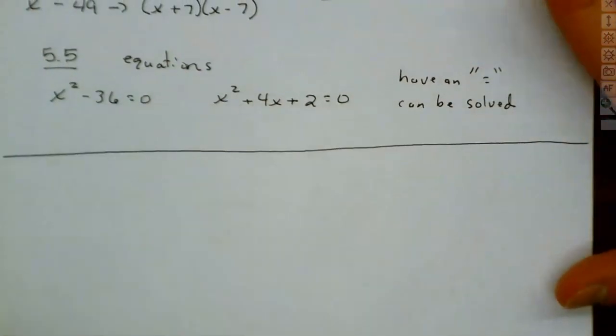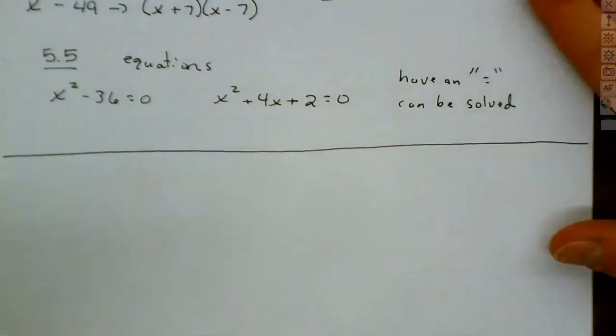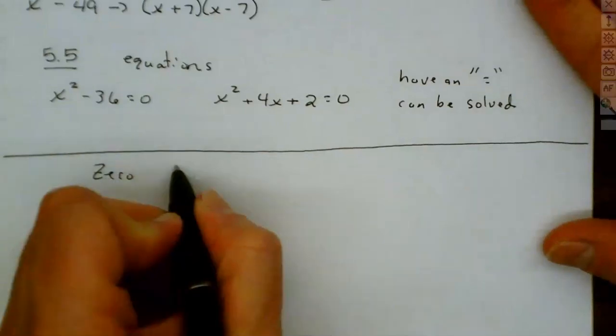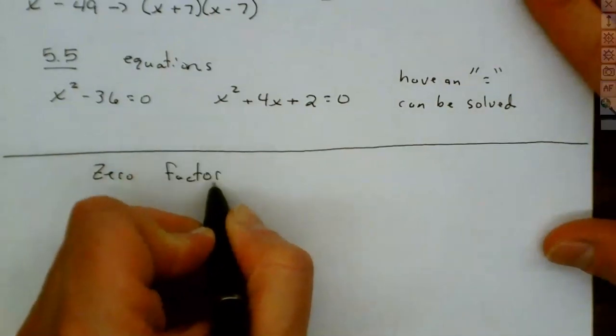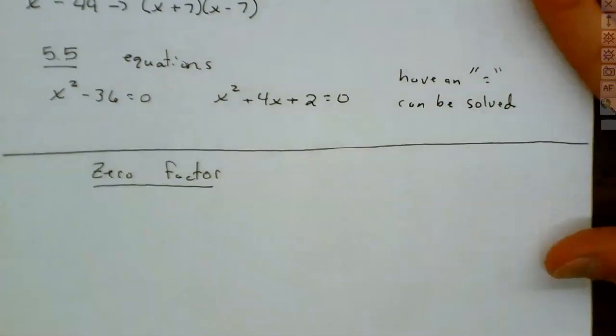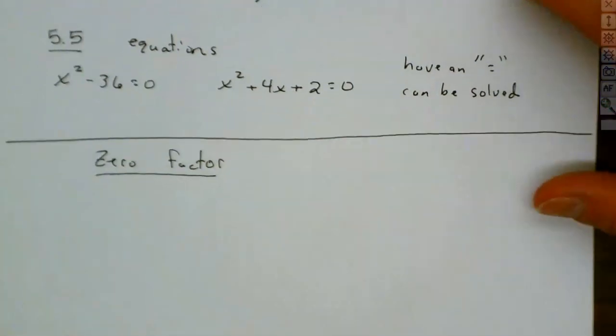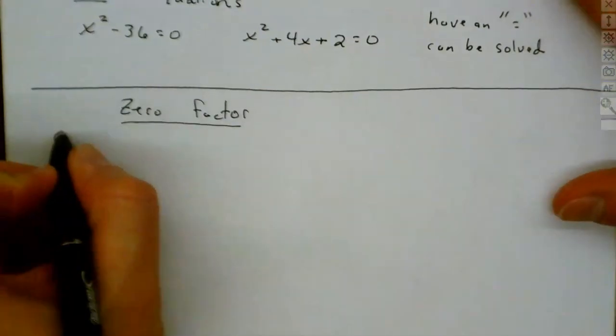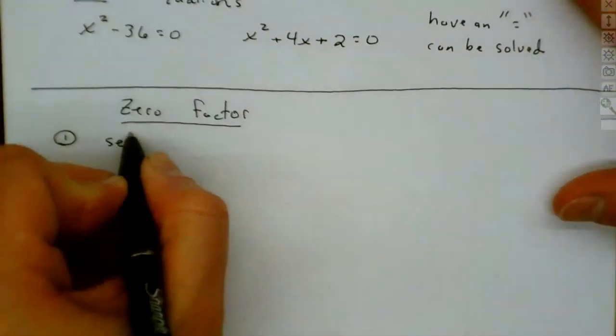Now, how we solve them is we're going to be using what's called zero factor. And zero factor is what we're going to be using to solve these. So what we do is step number 1 is you set to 0.